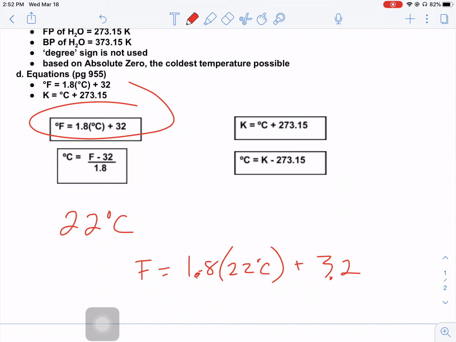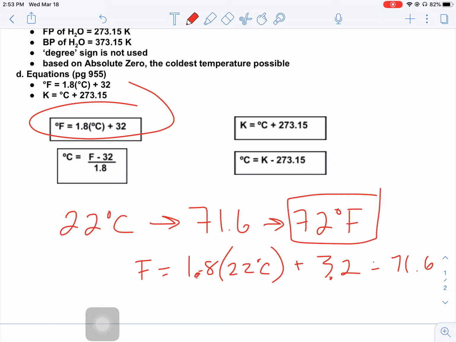Remember to do multiplication first and then addition according to the order of operations. And then I'm going to add 32. So 1.8 times 22 plus 32 gets me to 71.6. So 22 degrees Celsius is equal to 71.6. Let's just call it 72 degrees Fahrenheit. Okay, that's my second example.